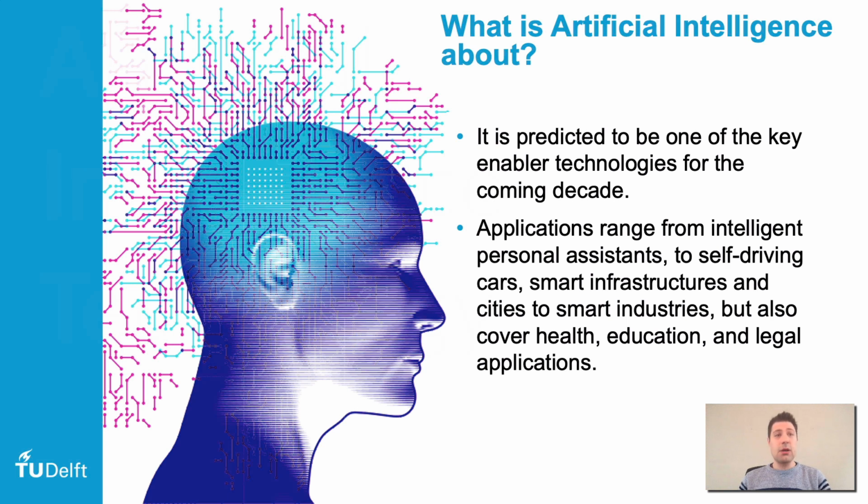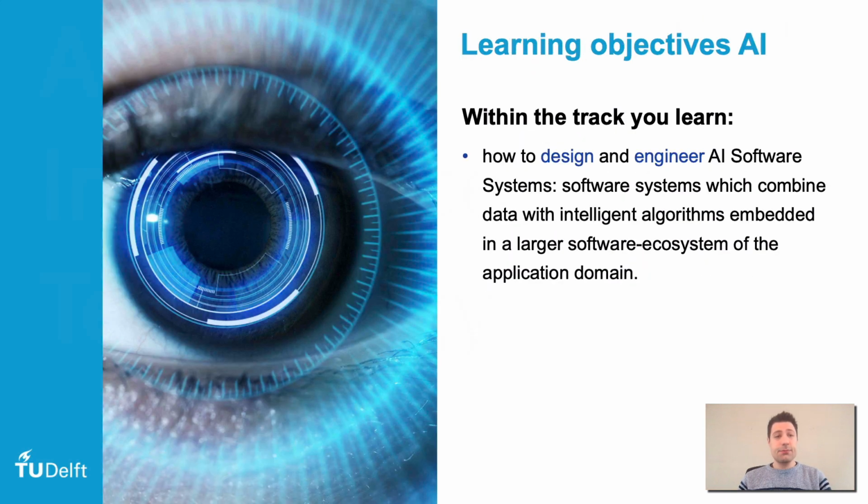And we see machine learning and deep learning and AI making disruptive changes in so many different domains, like self-driving cars, smart infrastructures, smart cities, health, education, etc. So basically the goal of this track is to teach you different AI techniques so that you can apply AI on whatever domain you feel like you want to work.